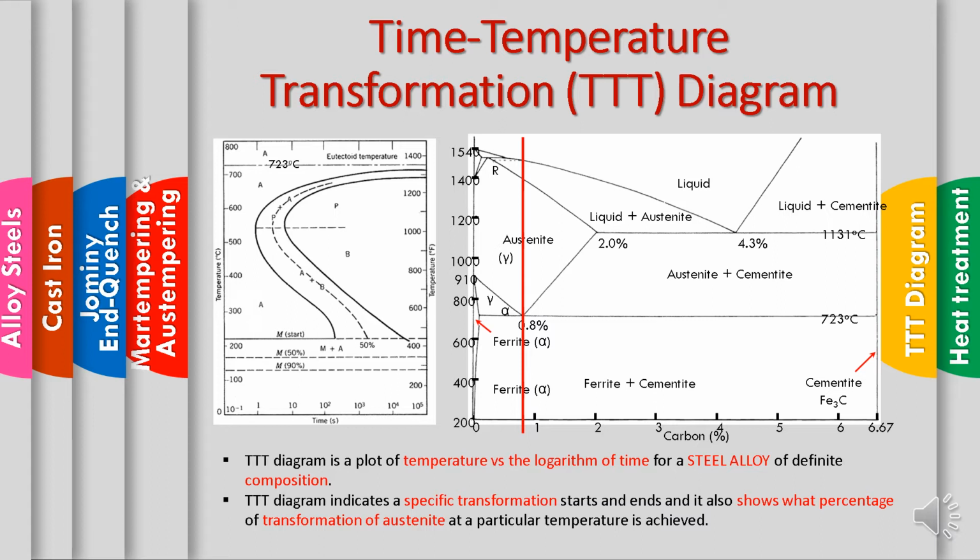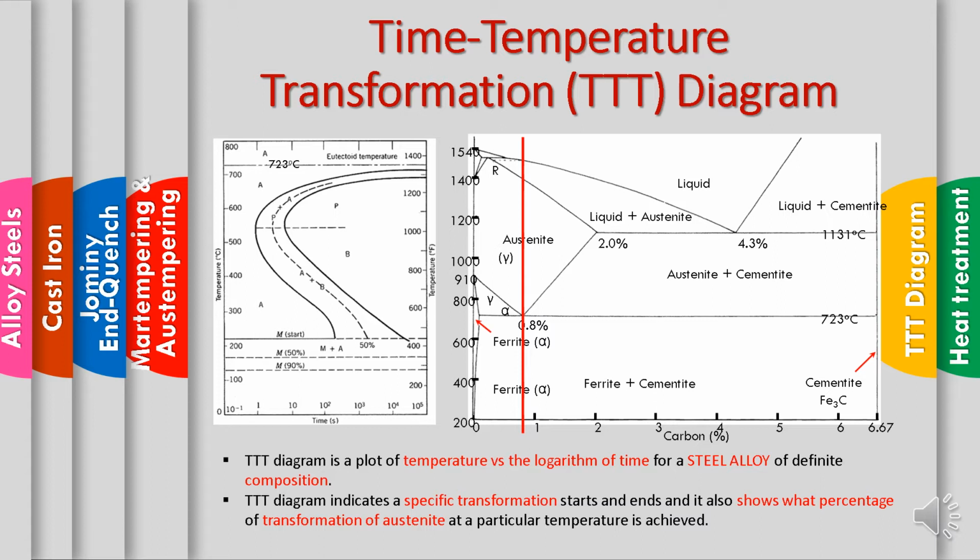We can see the transformation of the material in terms of austenite, with the percentage from 0% to 100%, with a graph that has start and end curves.